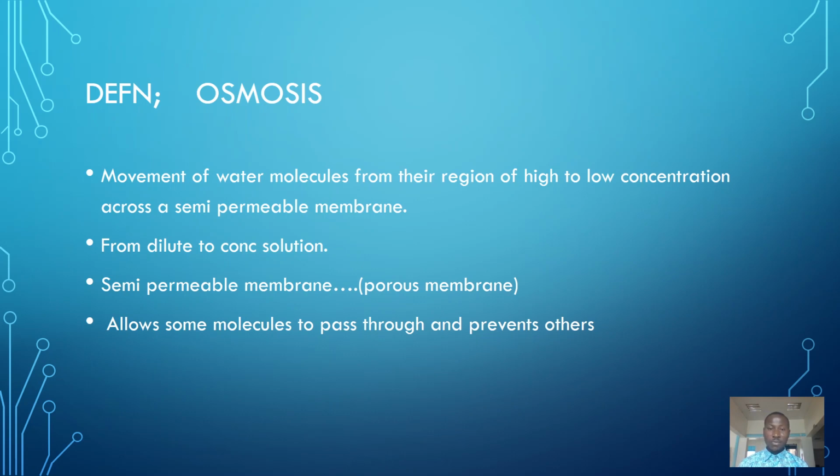The semi-permeable membrane is a porous membrane, i.e., it has some pores which allow some materials or molecules to pass through and prevents others.